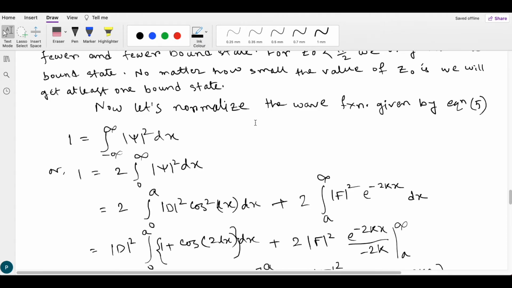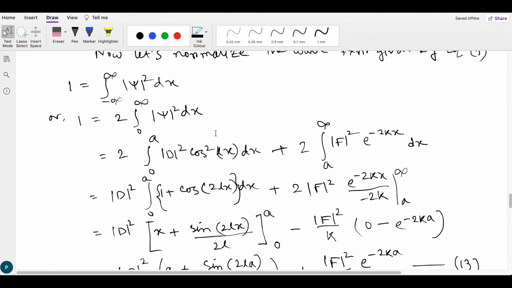The probability of finding the particle over the whole region is 1. We are taking psi as an even function for this case. So instead of integrating from minus infinity to infinity, we can integrate from 0 to infinity and multiply it by 2.